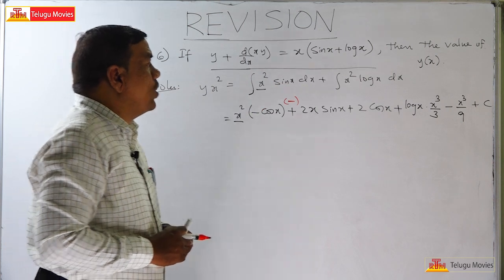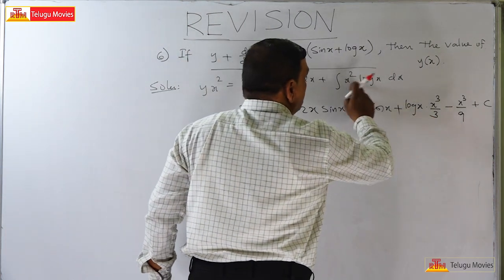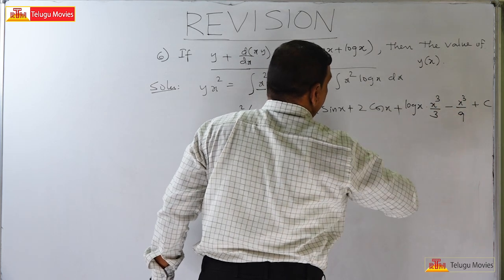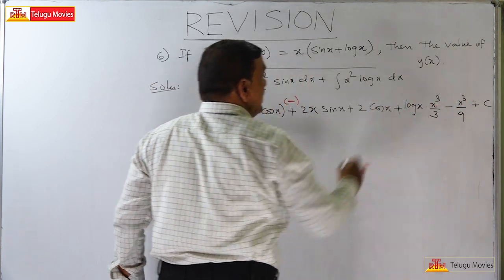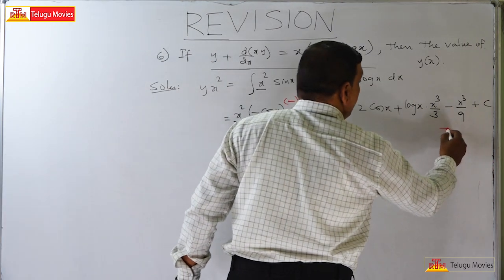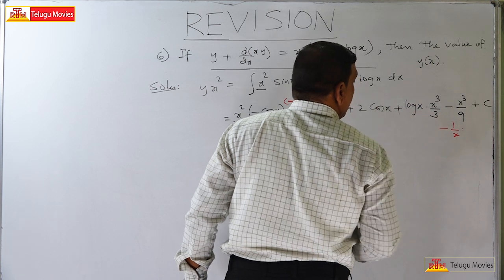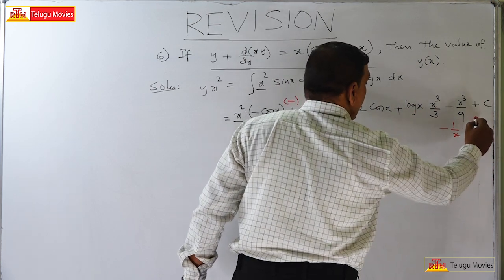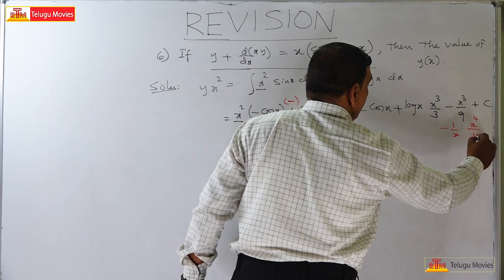There also, take log x first, x square integral x cube by 3. Again you write down log x derivative, minus will come, log x derivative 1 by x, and x cube by 3 integral x to the power of 4 by 4 will come.